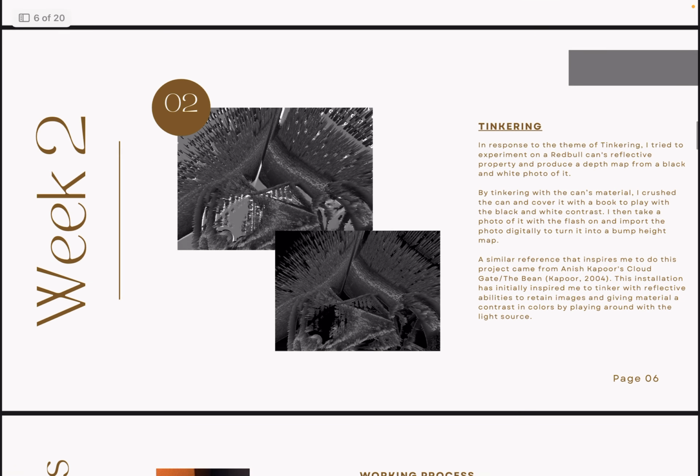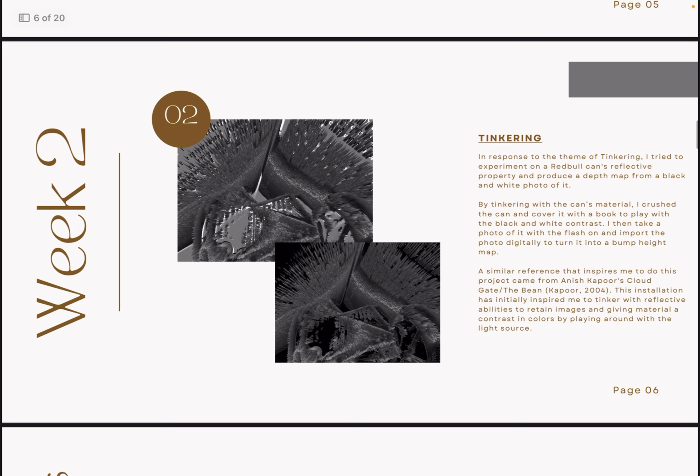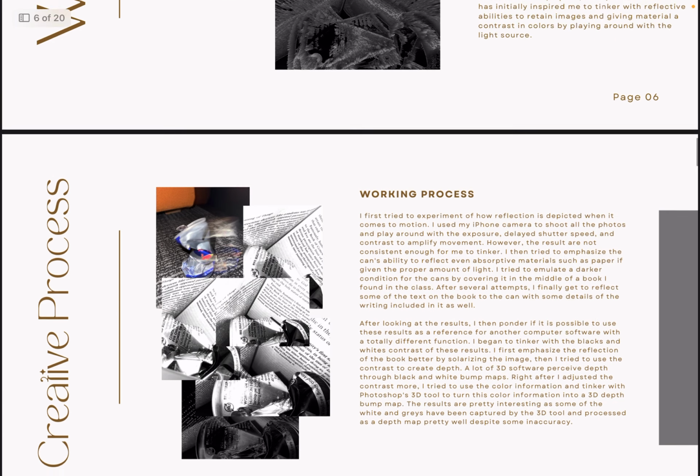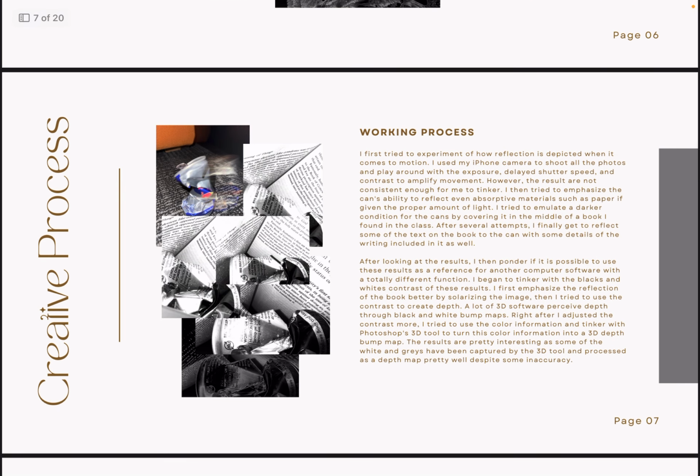In week 2, I'm exploring tinkering, and I manipulate the reflective properties of a Red Bull can and make it a depth map. Then it became a protruding depth map based on the lights and darks of the photos. Here's my working process.